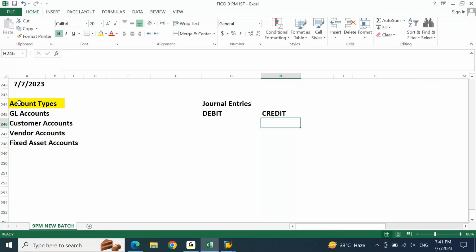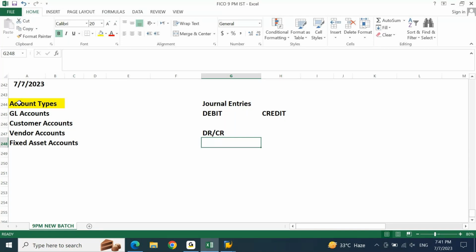How you are going to segregate in your manual accounting whether something is debit or credit? Point number one, you write something called DR or you put something called CR. Correct? If it is debit, we normally mention DR. If it is credit, we normally mention CR.